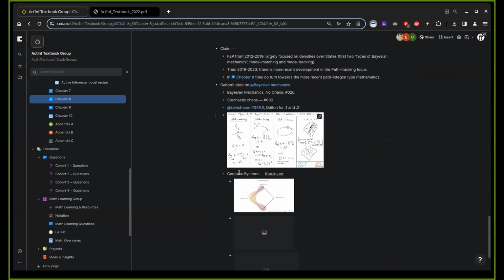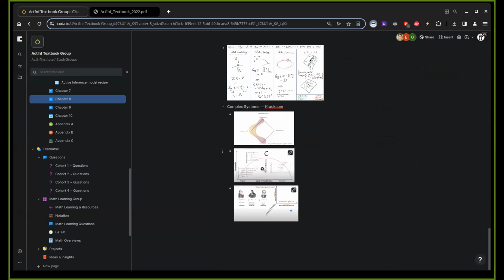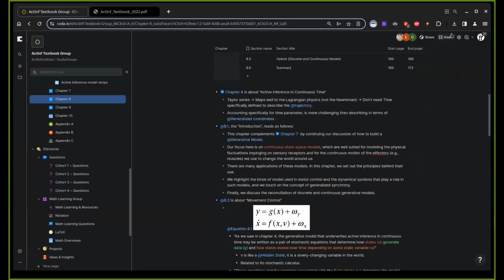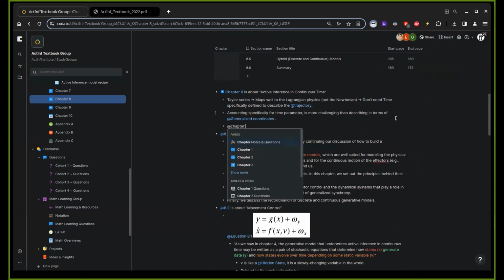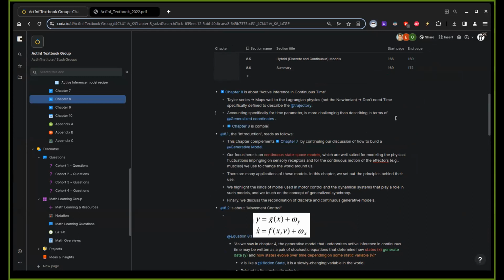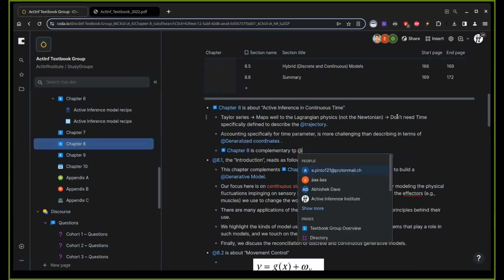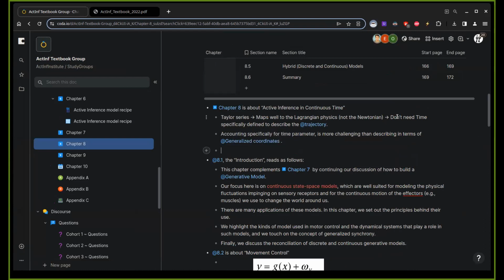Well, yes. Actually, Chapter 8, as the title suggests, is complementary to Chapter 7, being the continuous time counterpart to the active inference formulation of discrete time.